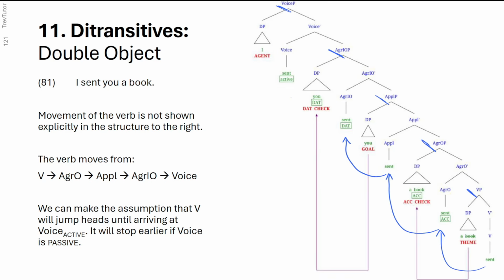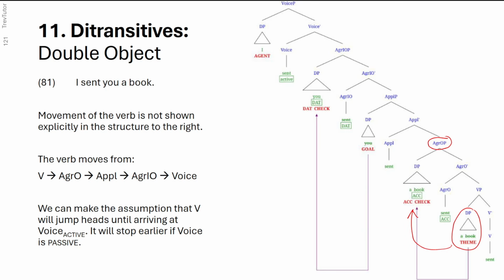Now, I'll get rid of those arrows so we can look at everything else in this diagram. First, the theme, a book, is generating as the specifier of the verb phrase now, and it's moving into the specifier of the AGR O phrase for accusative case.